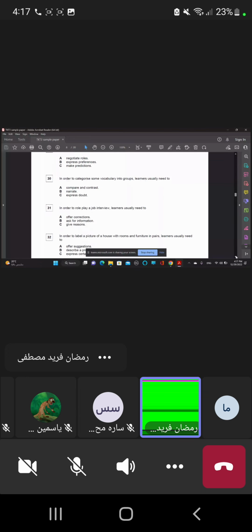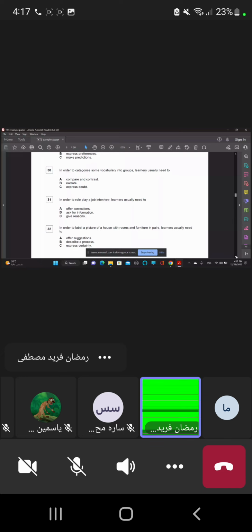Number 30. In order to categorize some vocabulary into groups, learners usually need to compare and contrast, narrate, express doubt. Guess which one is not the correct answer. In order to categorize some vocabulary into groups, meaning these are different groups of words, learners usually need to compare and contrast.